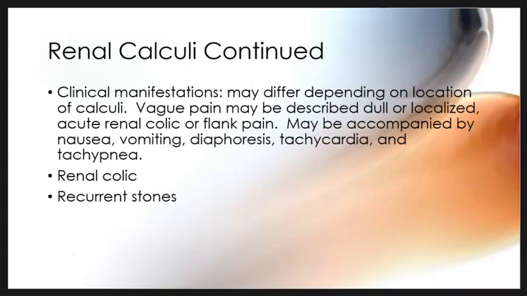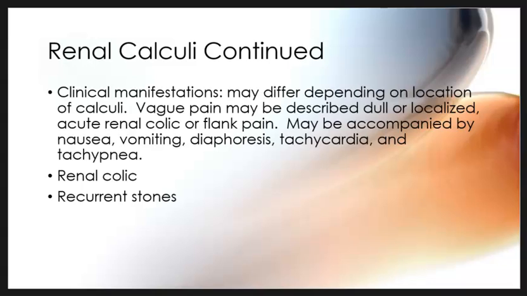Some clinical manifestations will differ depending on the location of where the stone is. Pain may be vague, or more commonly, you'll see acute renal colic and people will be complaining of flank pain. Stones within the kidney responsible for flank pain may be described as dull and localized, while as the stones move to the ureteropelvic junction down into the ureter, spasmodic, intermittent, sharp pain develops.